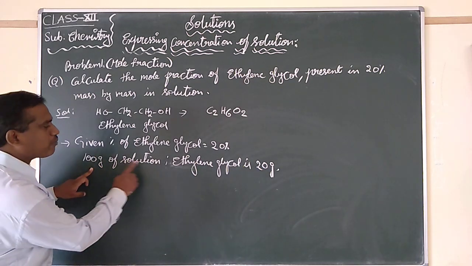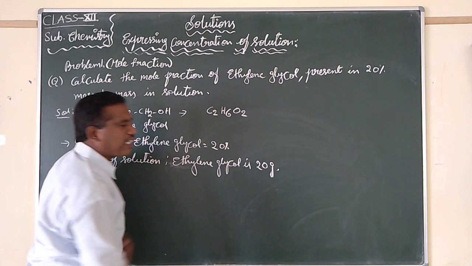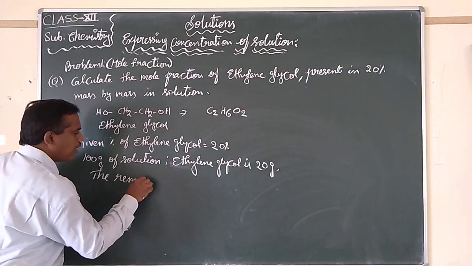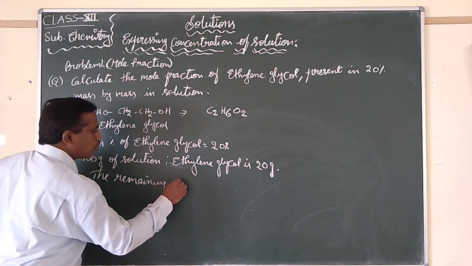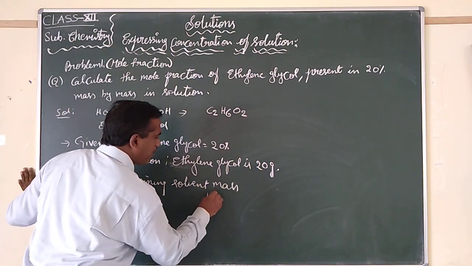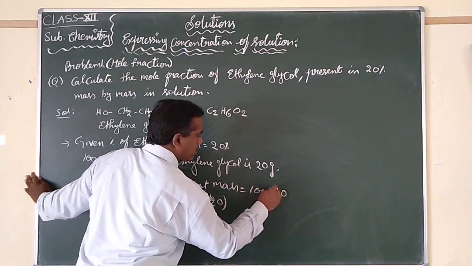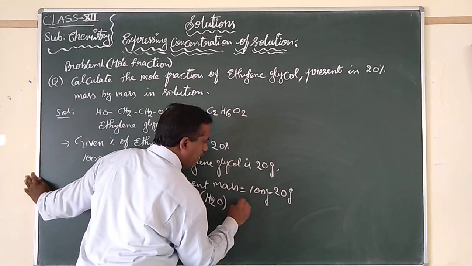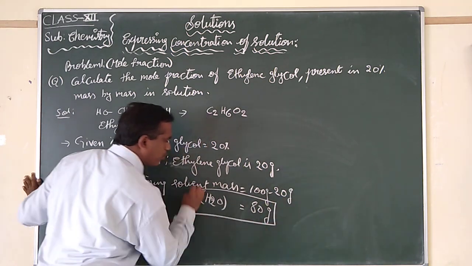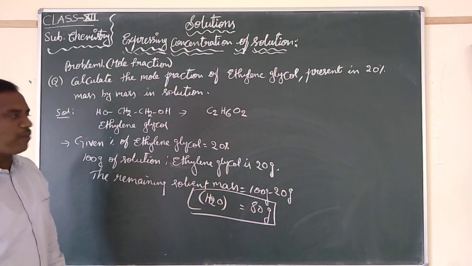So from the 100 grams of solution, if you remove the 20 grams of ethylene glycol, the remaining is the solvent mass. What is the solvent here? H2O. Mass is 100 minus 20, so the mass of water is 80 grams.